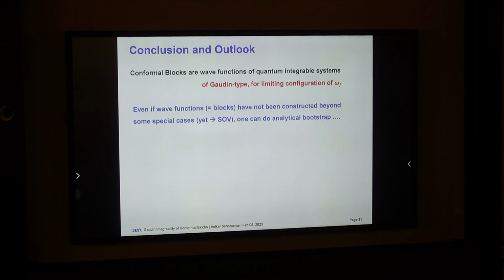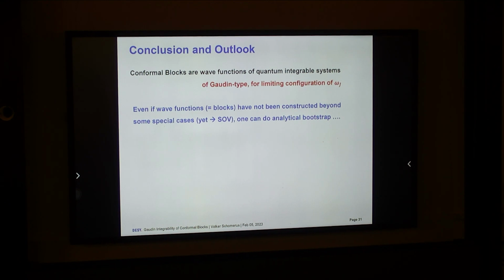There are a few things I could say about solution theory, but one thing is for sure: in general these blocks have not been constructed, in the sense that there are lots of features that I couldn't write down. For n equals 4 points they are known, but beyond that it's an open problem. It has some chance to be solvable, but it's not solved.